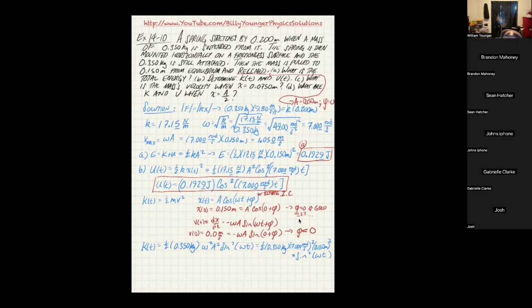I'll put an X here just to remind us that that's still multiplied. So I think you can probably figure out what that leading coefficient is going to be, but 0.5 times 0.35 times 7 squared times 0.15 squared gives me, lo and behold, 0.1929, carrying one extra sig fig again, joules times sine squared of, did I write it that way last time?